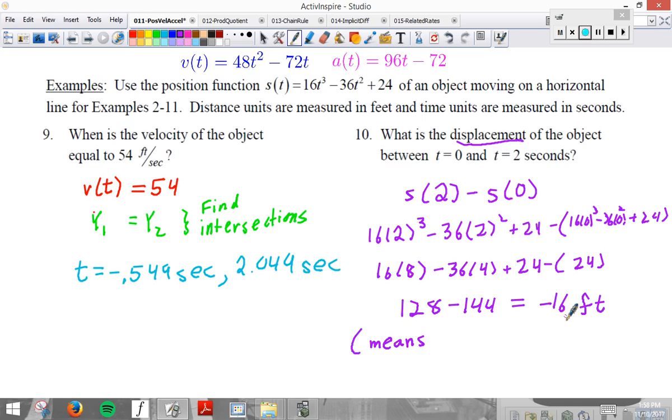When you go to school, you see my car parked in one spot, and then you leave school, you see my car parked in the other spot. It's 16 feet to the left of where you saw it parked last. So that's what that means. The negative sign means 16 feet to the left of the initial position.